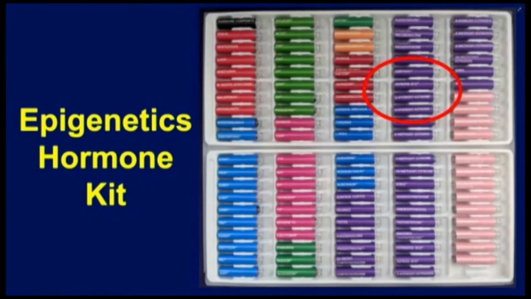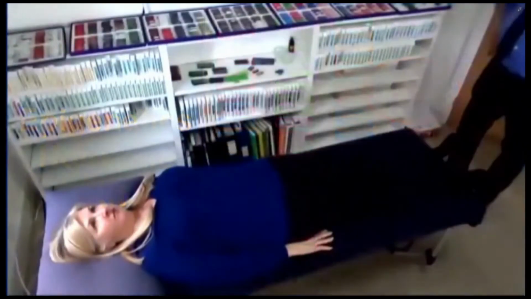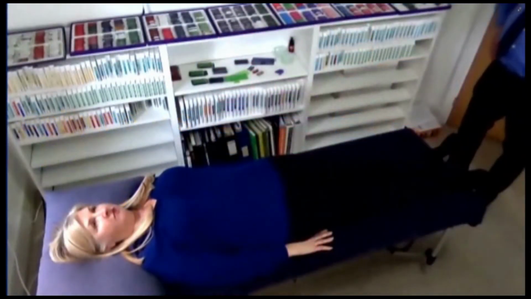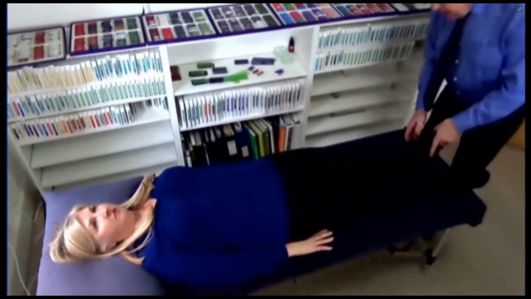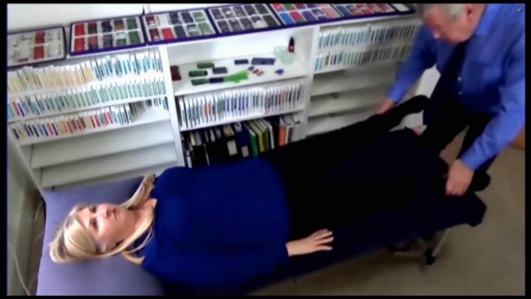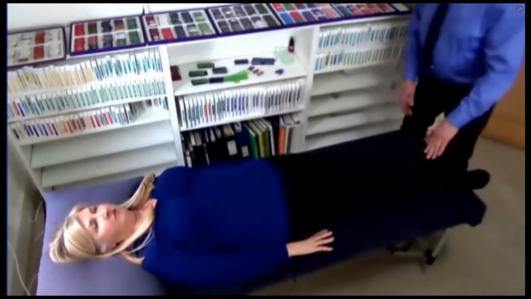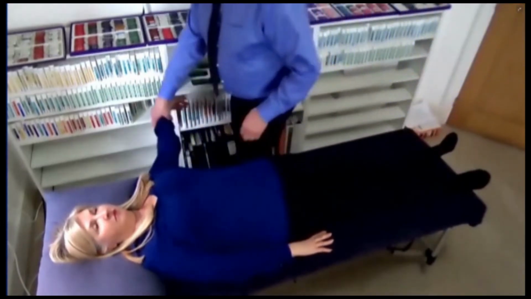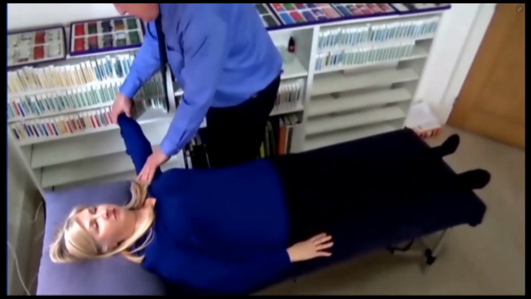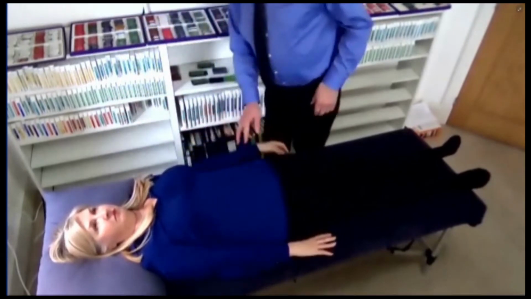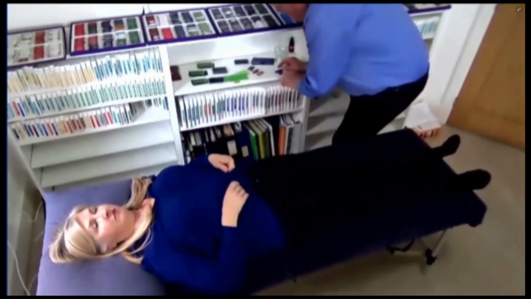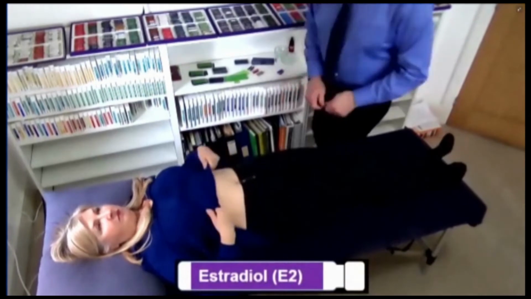We test for the estrogens, E1 and E2. The predominant ones are estradiol and estrone. So we'll take our weak indicator muscle, our gluteus medius, push out. And we'll take our strong indicator muscle, which in this case is the deltoid, push above your head. Now we'll test to see if she strengthens to estradiol.